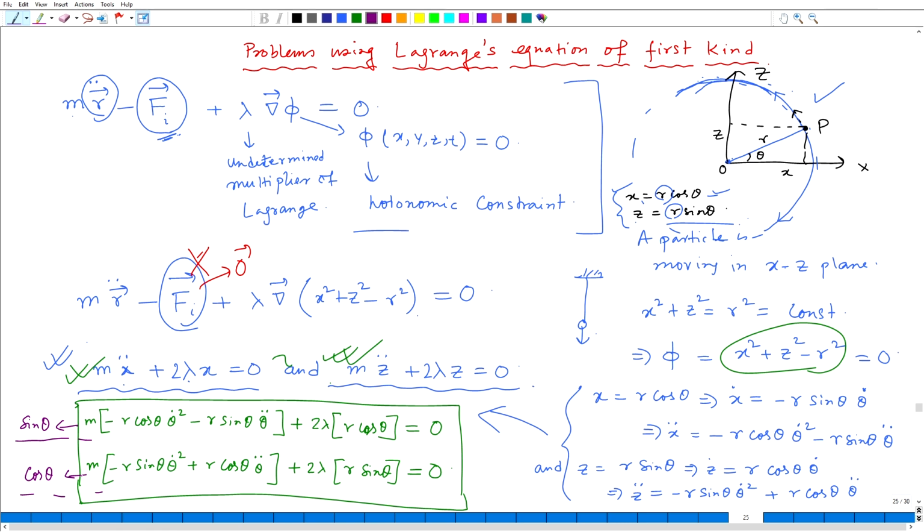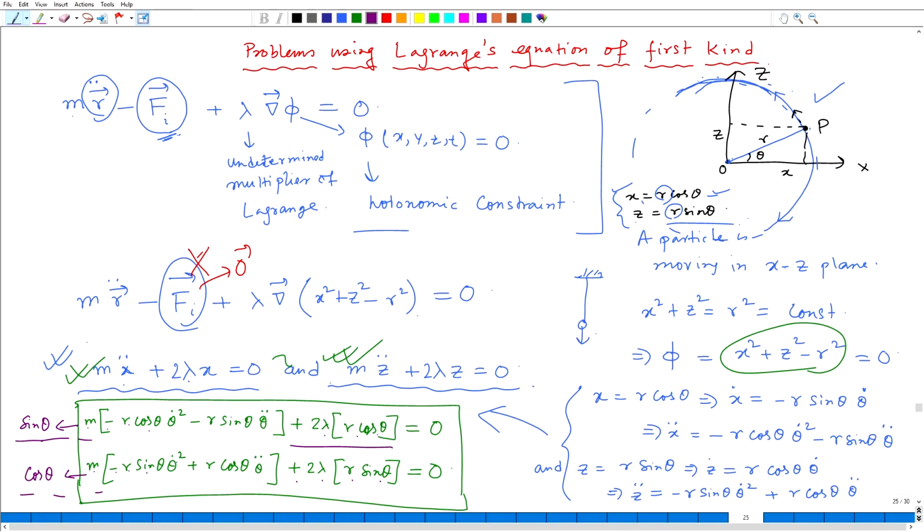You will see that I will have m minus r sin theta cos theta theta dot square here, and here I will have minus m r cos theta sin theta theta dot square. So, they will cancel each other. Again I will have here plus 2 lambda r cos theta sin theta, and here plus 2 lambda r sin theta cos theta. So, they will again cancel each other.